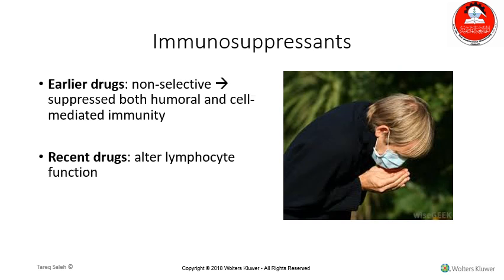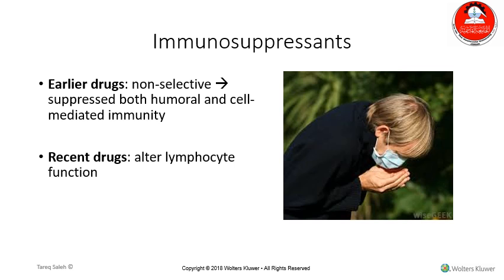So, as I mentioned, the earlier drugs that were used as immunosuppressants, such as azathioprine and 6-mercaptopurine, were non-selective, they were cytotoxic, they were basically chemotherapeutic agents similar to those used for the treatment of cancer, and they suppressed the immune system on both the humoral and cell-mediated immunity.